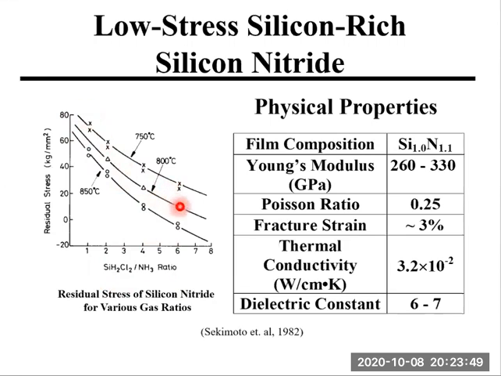So the higher the gas ratio, the smaller the residual stress. We typically use a gas ratio of 4. We choose a dichlorosilane over ammonia ratio of 4, and 850 Celsius temperature. This gives us a low residual stress.